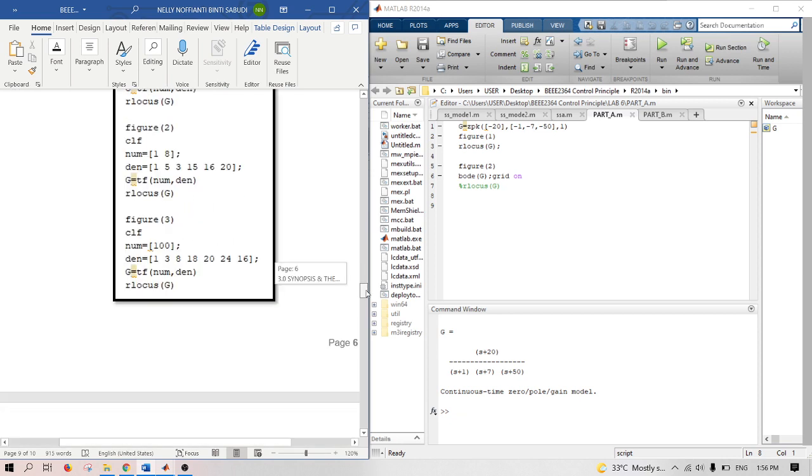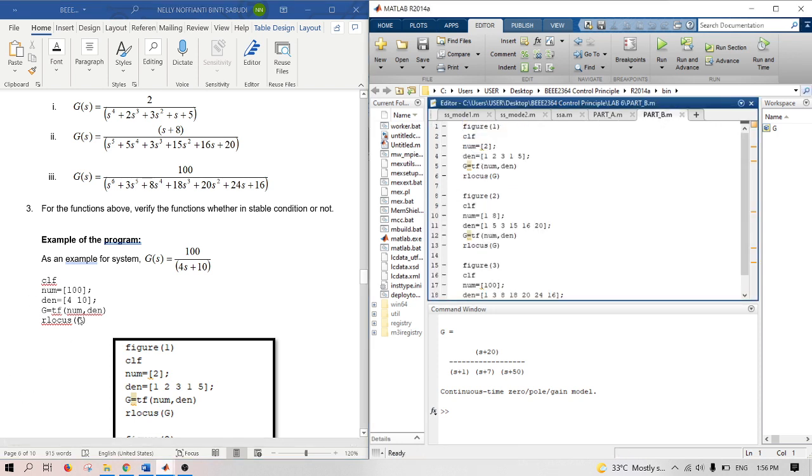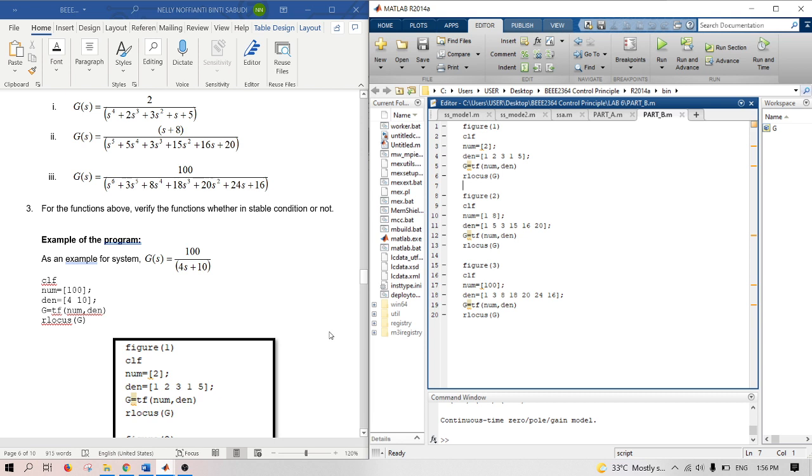Okay, so as for the coding, you can use this one. You just need to copy and paste this coding here. And as you can see here, I already combined my coding with all of the transfer functions. So I put the coding here so that my graphs will appear at the same time.